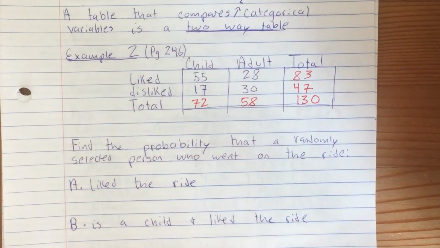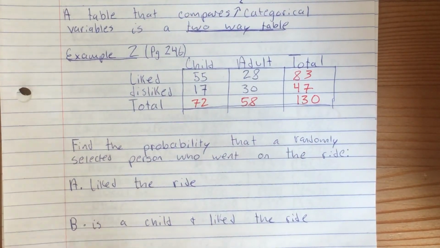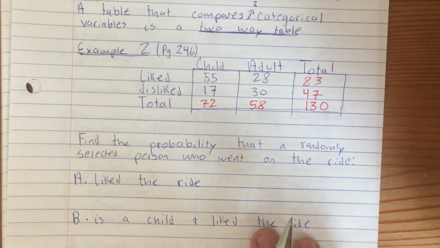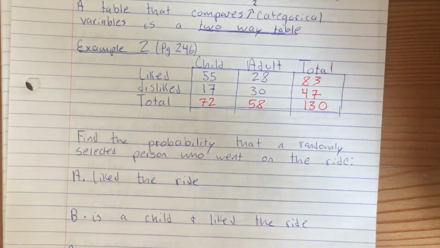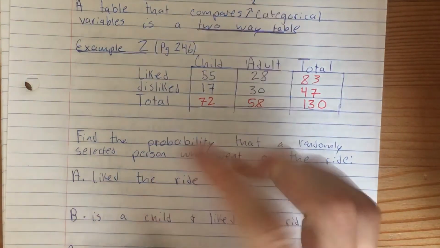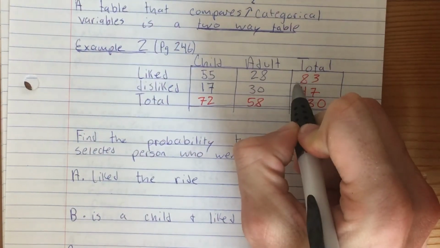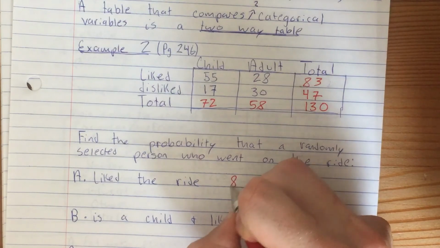And again, a two-way table is just a different way to display information. And so you can use it to calculate different probabilities. So let's find the probability that a randomly selected person who went on the ride liked the ride. So what we'd have to do is say, okay, how many people liked going on this ride? The total amount of people that liked something is 83 there.